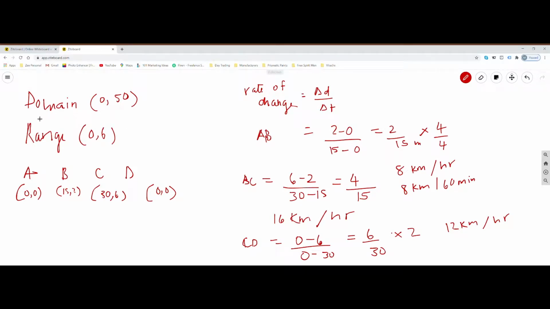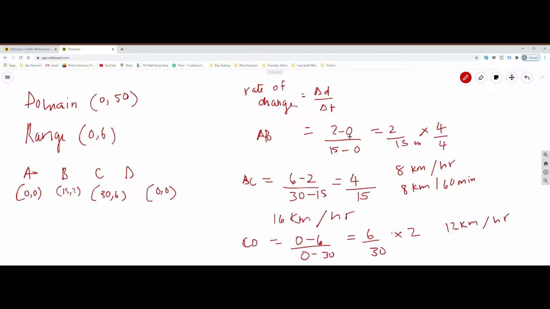So the question asks us to find the domain for the problem provided before. So we have to look at the x-axis and the y-axis. For the domain, you look at the x-axis, which is 0 to 15 minutes, and then the range is from 0 to 6 kilometers. It's asking us to find the rate of change between A and B. So you take the points and find the slope.